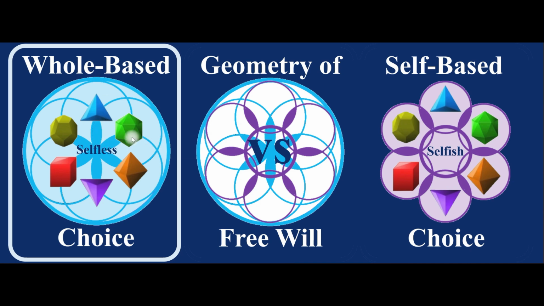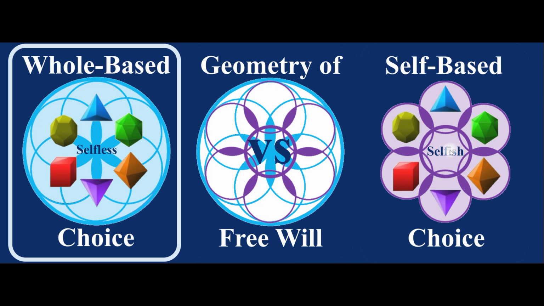I want you to see how this pattern doesn't separate these shapes, it actually combines them. Do you see how it aligns with the petals on this flower? And when you look over here, the petals of this flower actually separate the shapes. So a whole-based thinker is somebody who understands that their body is also connected to the environment and that their choices have to reflect that understanding. There is no part of our body that reinforces this.